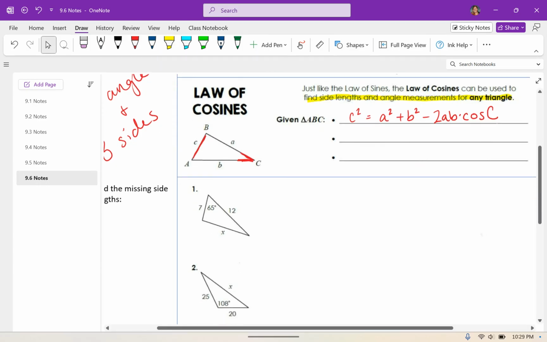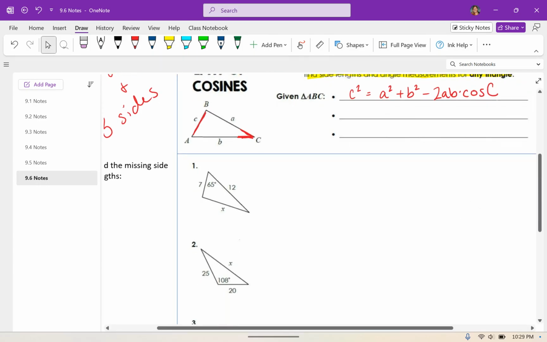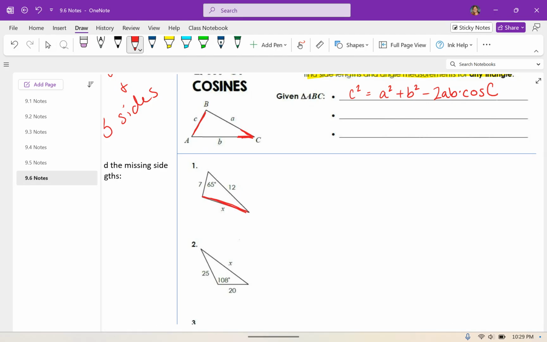It looks really bad, but I promise it's pretty simple to use. C is always going to be the side length that you're looking for, and then cosine of angle C is going to be the one angle that you're given.